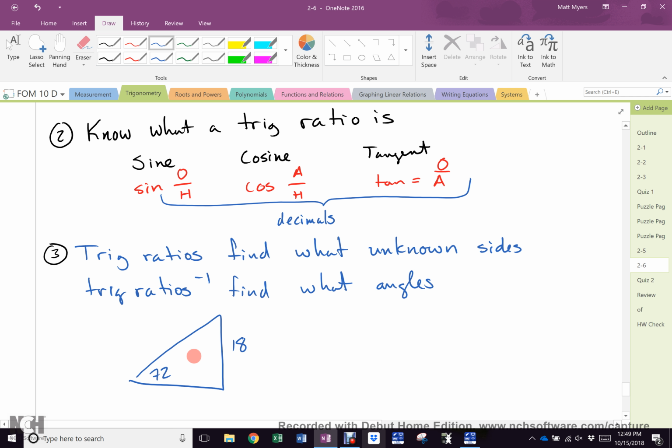Trig ratio or shift trig ratio? Trig. Which one? You can't do one, can you? Because you don't know what I'm asking for. Exactly. Excellent. Now which one? Sine. Now which one? Tan. You can't do cos unless you've already done sine.